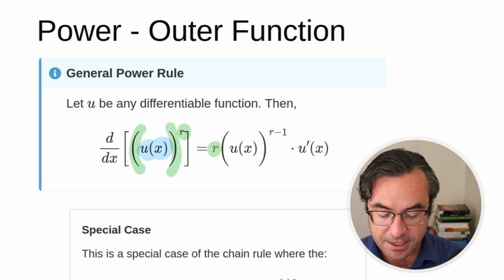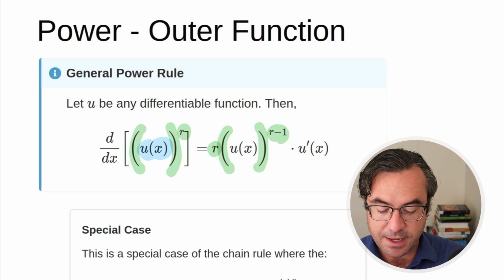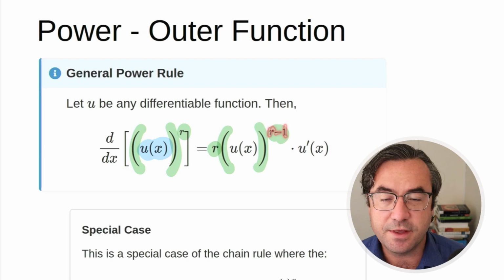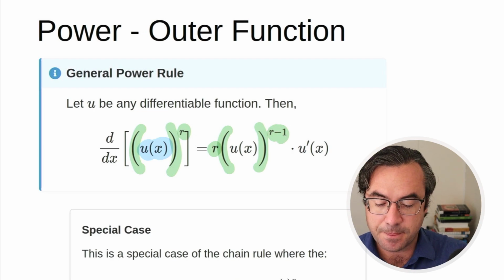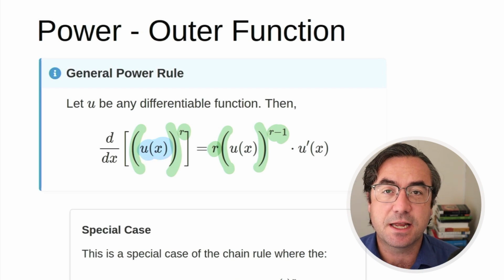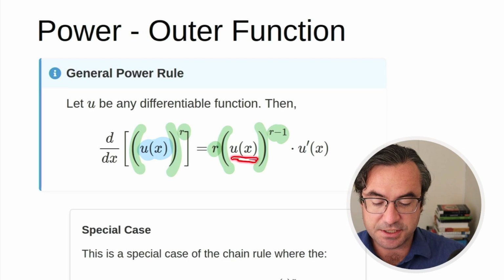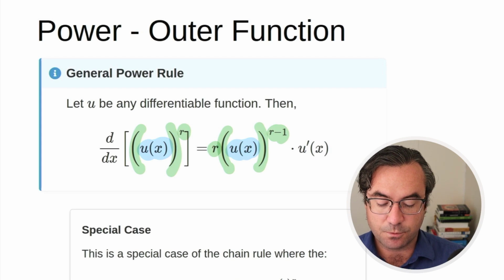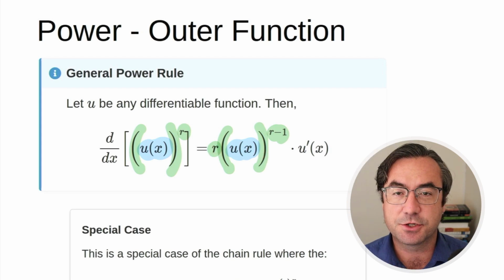Well, we start by doing our regular power rule differentiation. We bring the exponent down, put it in front. We subtract 1 in the exponent, just like regular. And then all that stuff that's inside the big set of parentheses is just going to stay the same. So what we're doing here is we're starting by differentiating the outer function.